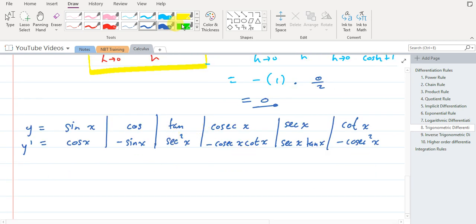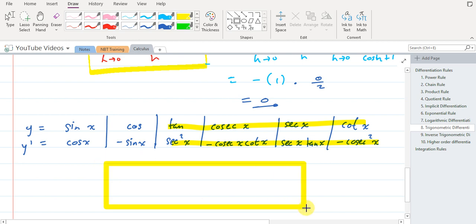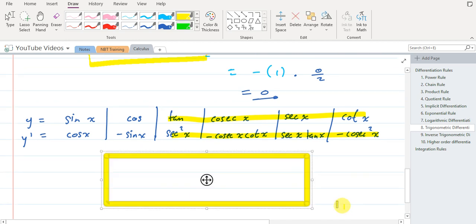So for the derivatives of the last four, we can just apply this table over here and write sec, tan, cosec, negative cosec, cot.